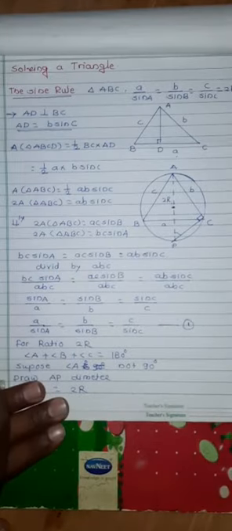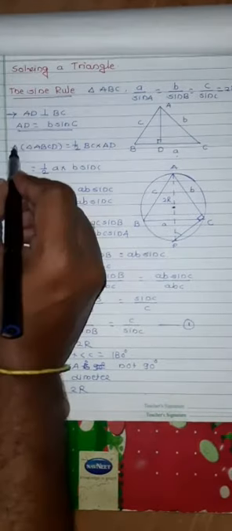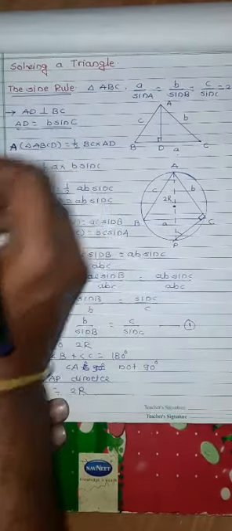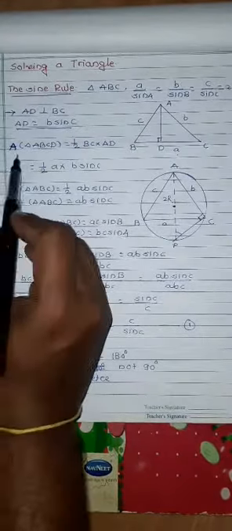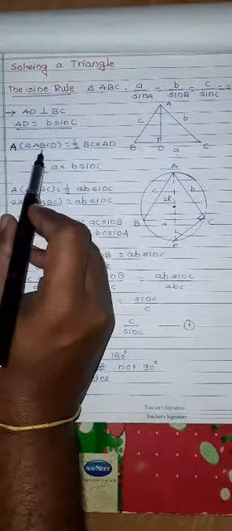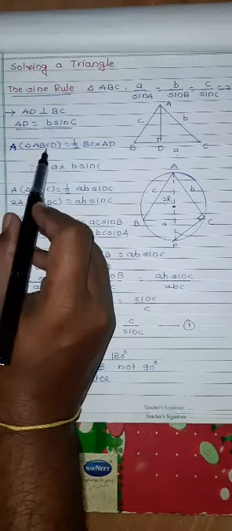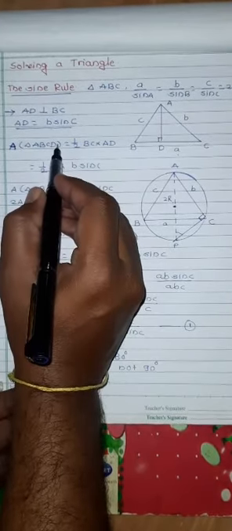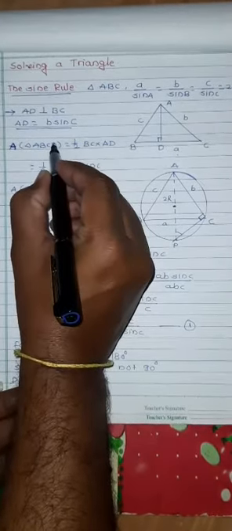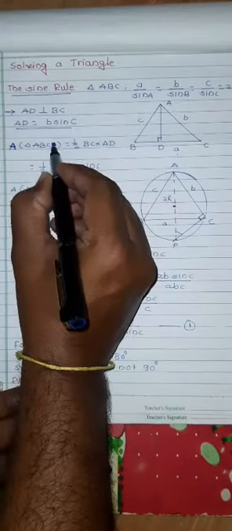Now, today we have to discuss the area of a triangle within the sine rule. Triangle ABC. This is my mistake.